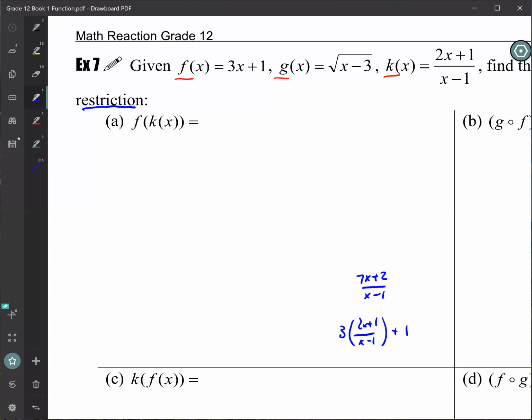I also got 3 times 2x plus 1 over x minus 1, bracket, plus 1. Okay, so you got the same as William. So think about how to simplify it, because this won't be the final answer yet. We need to combine it.